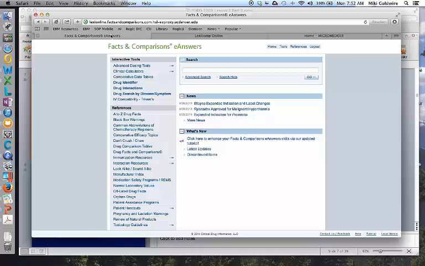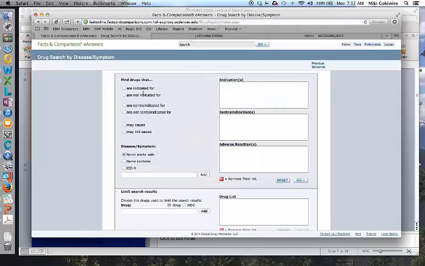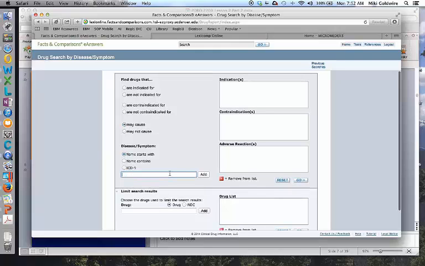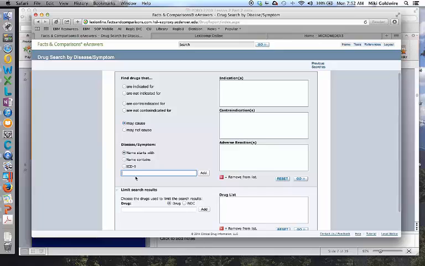In your search, let's start with Facts and Comparisons. I know that Facts and Comparisons has a drug search by disease or symptom tool. So what I want to do is click on this tool, and I want to find drugs that may cause, and then I'm going to add gynecomastia.